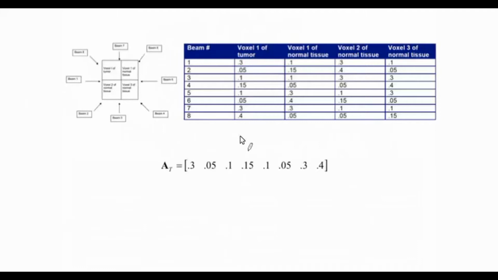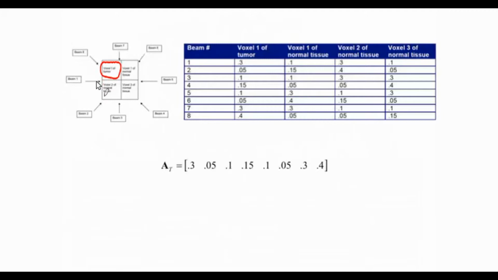Let's begin by defining A sub T, which you see written down here. Well, how do we get A sub T? A sub T is what transforms the beam weights to the tumor voxel dose. Remember, there's just one tumor voxel in this problem. It's up here in the upper left-hand corner.